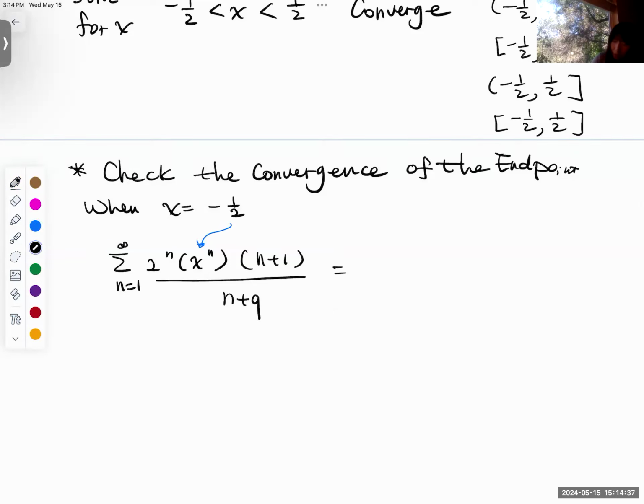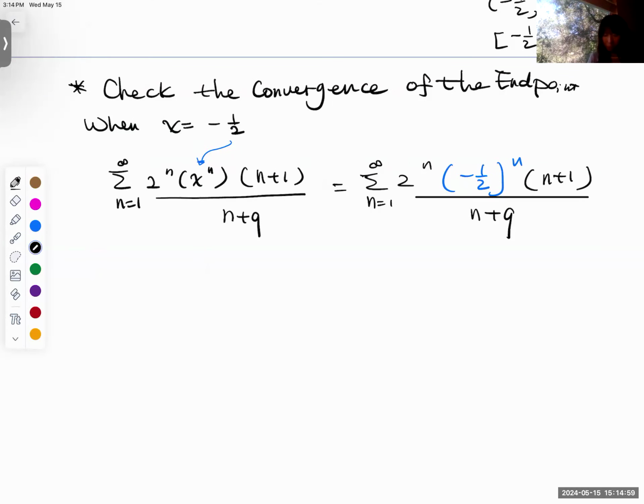So there will be the summation n equal to 1 to positive infinity of 2 to the n, -1/2 to the n power, n plus 1 over n plus 9. Yeah.